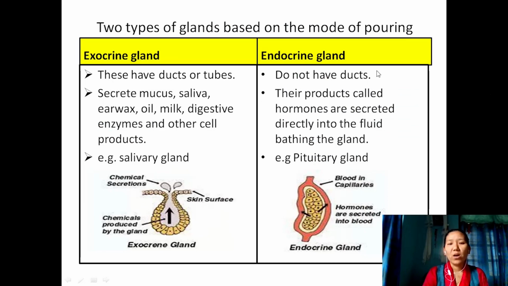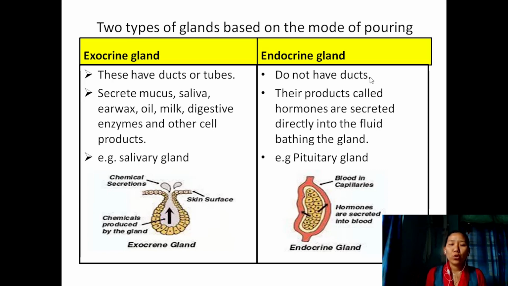Now, endocrine glands are those glands without a duct. That means the secretions are released into the surroundings, that is, into the blood. The example is the pituitary gland. The pituitary gland secretes hormones, and these hormones are directly released into the blood, which carries them throughout the body, and then they are received by the target organ or target tissue.